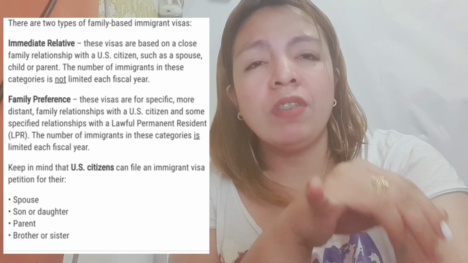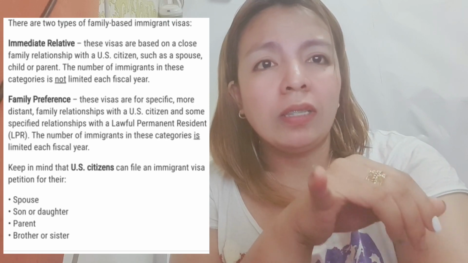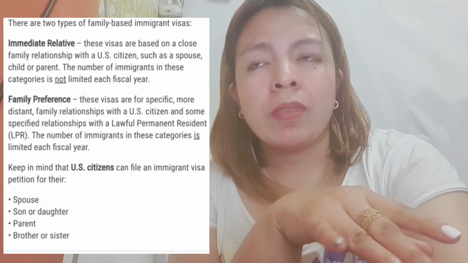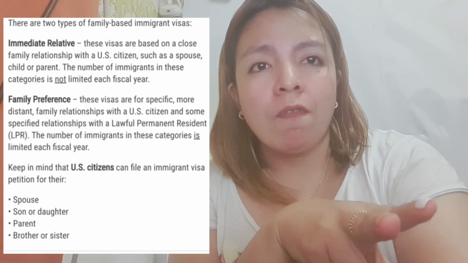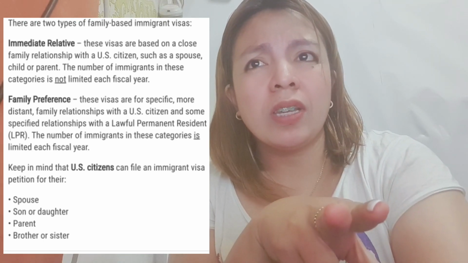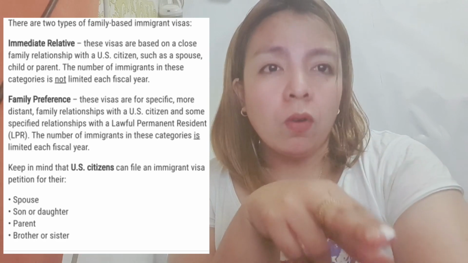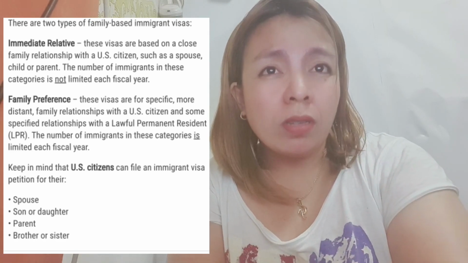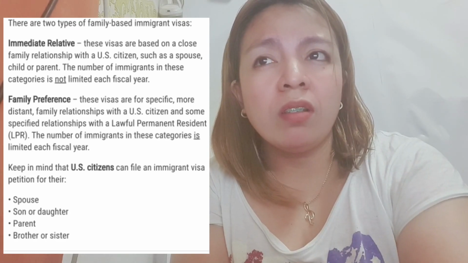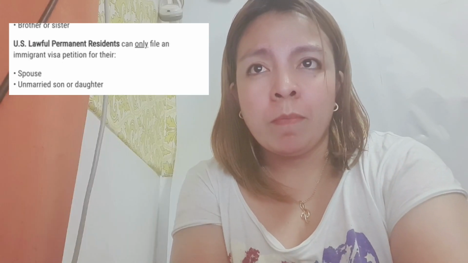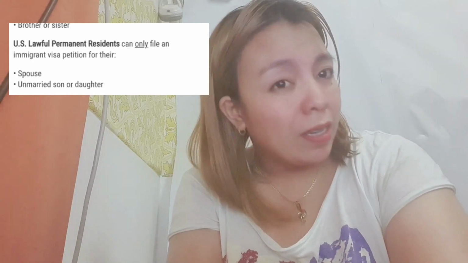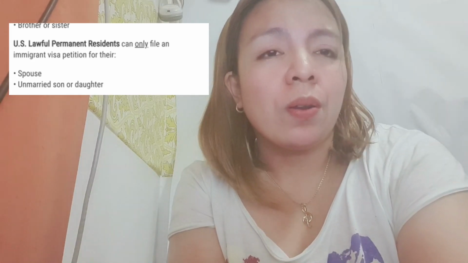The number of immigrant visas in this category is not limited each fiscal year. Number two is the family preference, and these visas are for specific, more distant family relationships with a US citizen or some specified relationships with a lawful permanent resident. The number of immigrants in this category is limited each fiscal year.